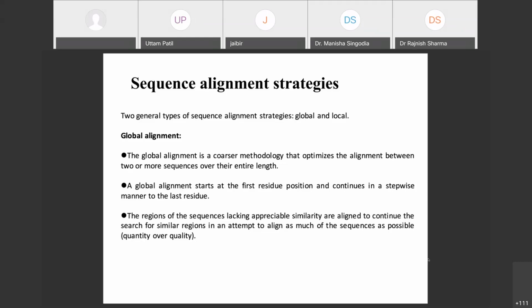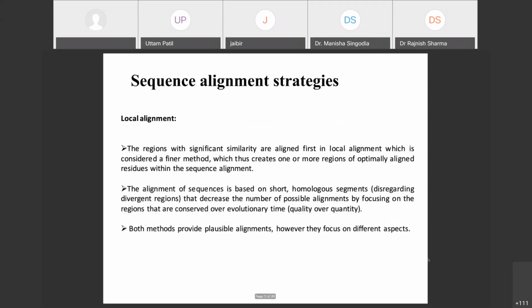So basically, this is also said as quantity over quality because we are just looking for more identities, and we generally create more gaps in the alignment. In general, global alignment.